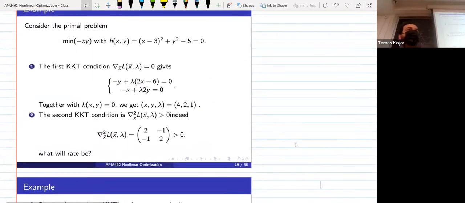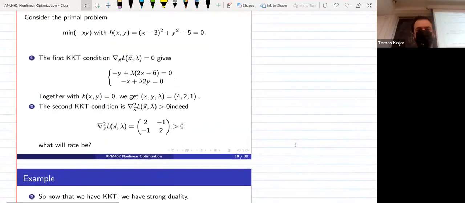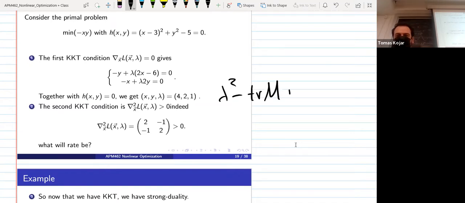What do you think is the rate? Yeah, it's harder. Let me do it. I didn't even talk about it. Okay. So there's a formula for finding eigenvalues. The formula is lambda squared minus the trace of the matrix times lambda, plus the determinant of the matrix.